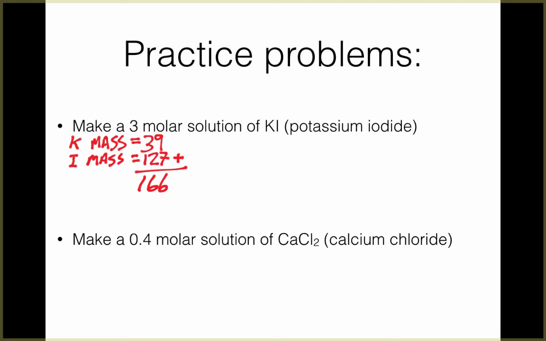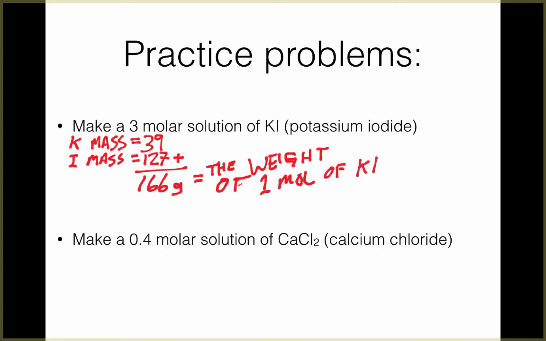Now, if I take that 166, I know that if I had a mole of these 2 atoms, that would be in grams then. So 166 grams equals the weight of 1 mole of potassium iodide.